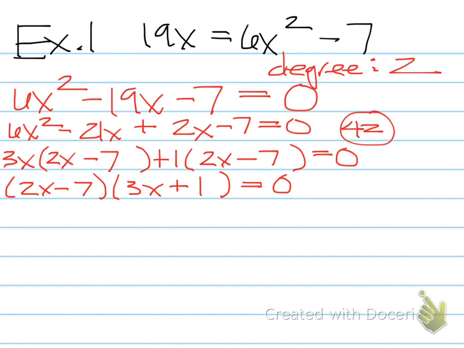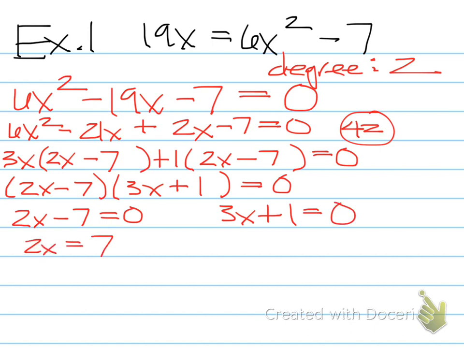Once everything is factored, set the factors equal to 0 and solve for x. So when we set the first factor, 2x minus 7, equal to 0, we get 7 over 2. And then when we set the other factor, 3x plus 1, equal to 0, we get negative 1/3.